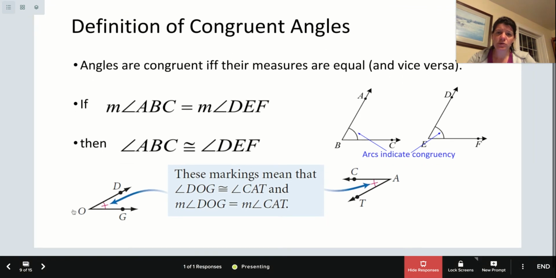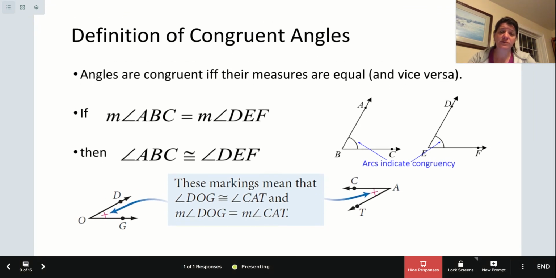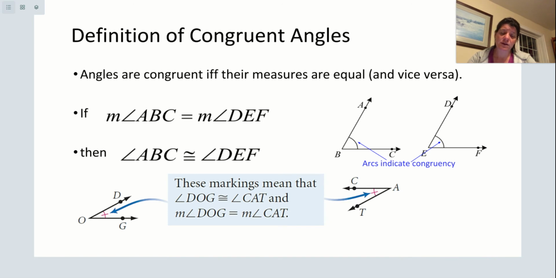Okay, so congruent angles are angles that are the same. And here, a couple things that we want to point out. We've got this thing here. And just like in a line segment, that M in front of it means measure. So when I have M angle ABC, it means the measure of angle ABC.